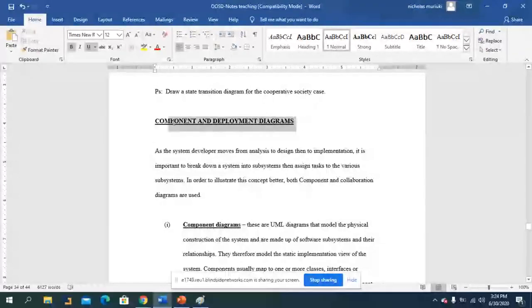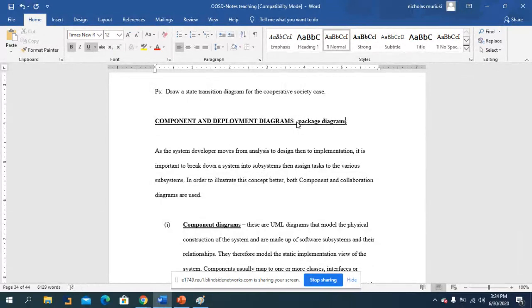So what I'm saying is that we are supposed to look at the component diagrams as the next topic, then the deployment diagram. So the next one that is remaining is what we call the package diagrams.